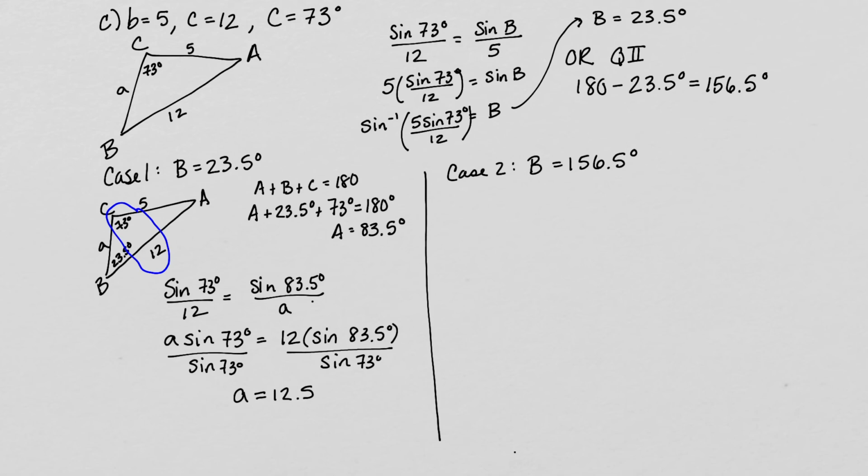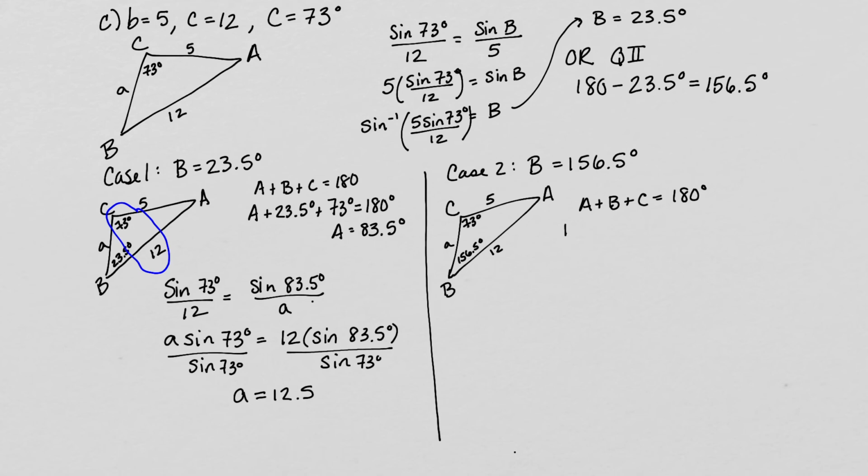Okay, so in case 2, if I draw the triangle, here's capital B, capital A, capital C. Now B is 156.5 degrees, capital C is 73 degrees. Again, this is 12, this is a, this is 5. So again, I have to find capital A first. Capital A plus capital B plus capital C equals 180 degrees.